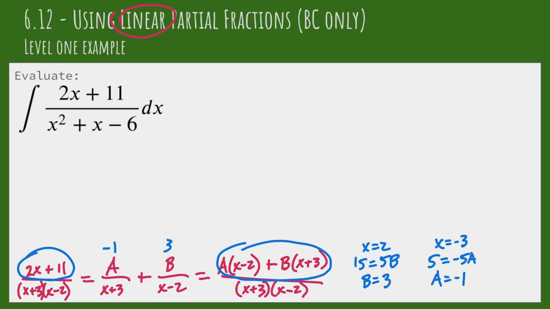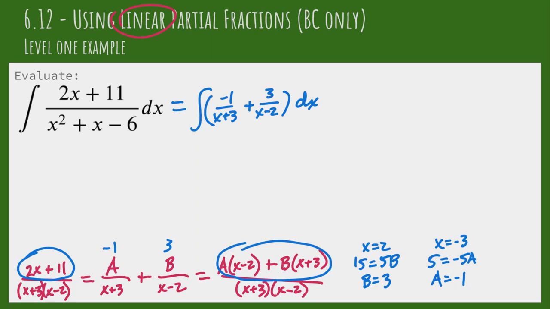So with this side work, I can take this integrand now and I can rewrite it as negative 1 over x plus 3 plus 3 over x minus 2. Multiple terms in the integrand, I should use some sort of grouping symbols, usually parentheses, but brackets would work too.